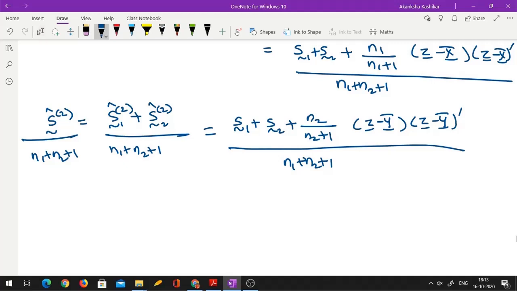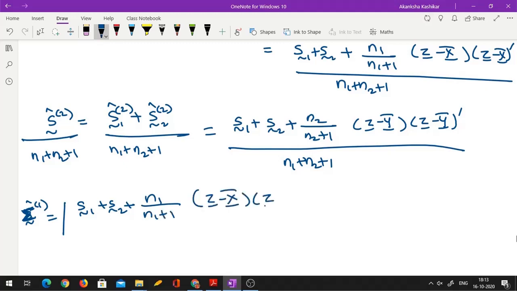Okay, so here it would be the ratio of determinants of these two. So if I want to take determinant, can I do some simplification? So in the first setup, let me call it now sigma 1 hat. So sigma 1 hat is S1 plus S2 plus N1 upon N1 plus 1 Z minus X bar prime upon N1 plus N2 plus 1.